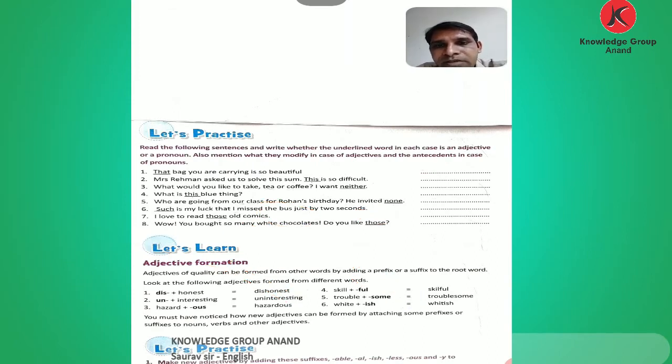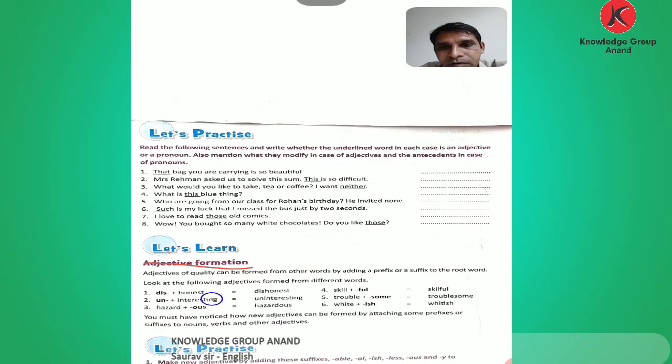Okay, now see adjective formation. How do we form adjectives? By adding suffixes or prefixes. Here the example and the exercises are given. Adding suffixes, we make new adjectives from the given words. Adjectives of quality can be formed from other words by adding a prefix or a suffix to the root words.